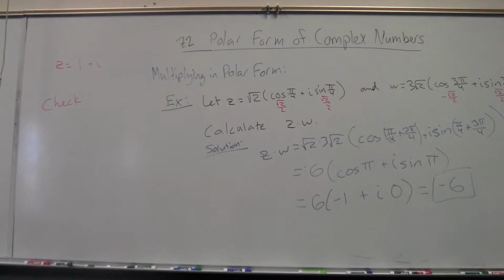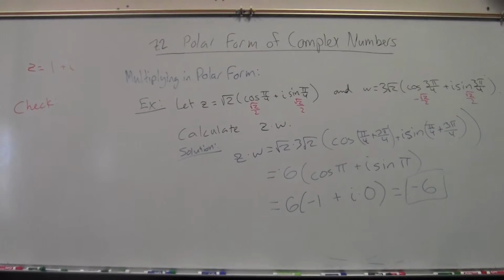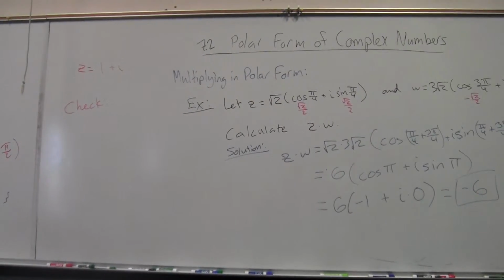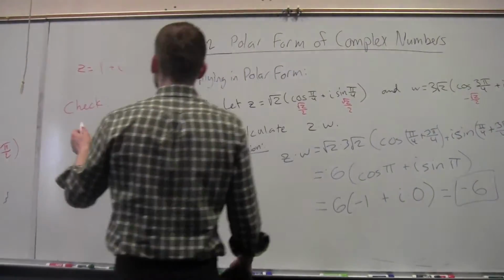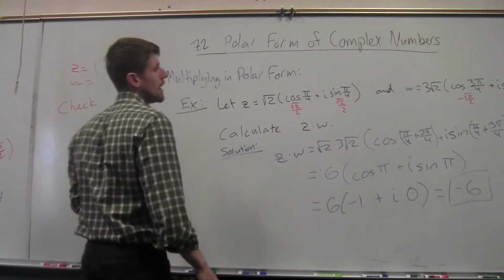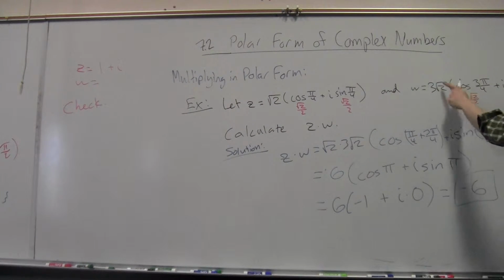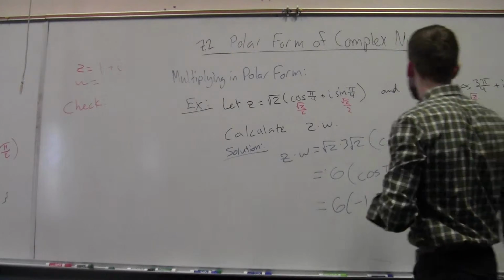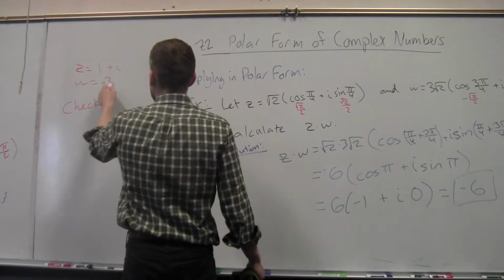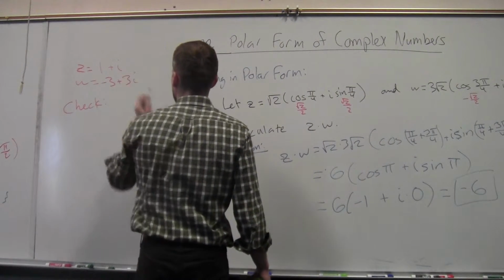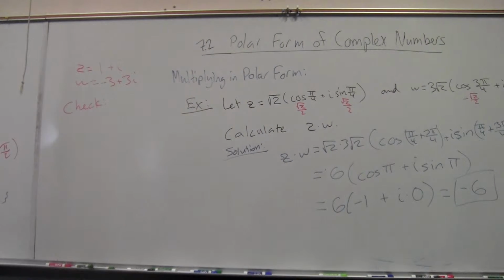And so w will equal, multiplying by 3 root 2, root 2 multiplies this root 2 and cancels, so I get -3 plus 3i. That's my z and w in a plus bi form.